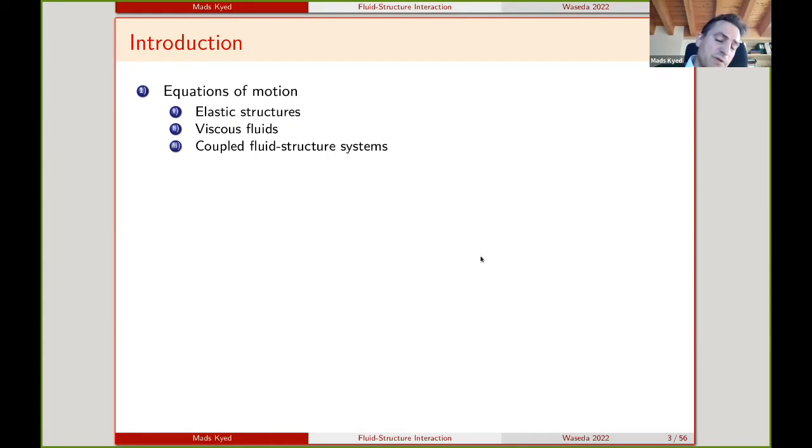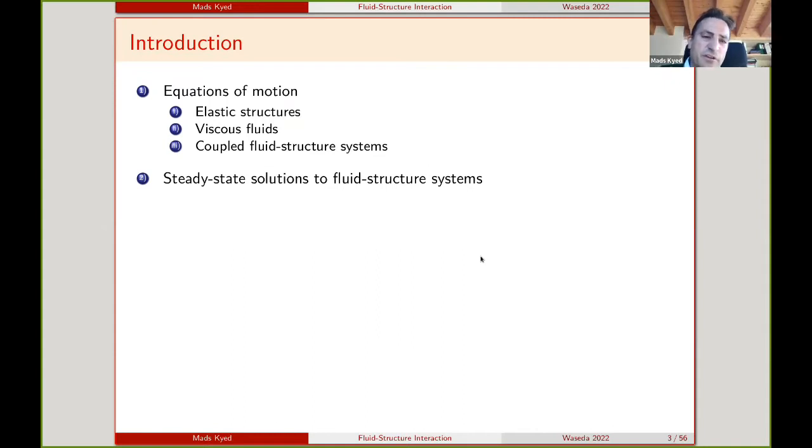So I'm going to talk about a lot of physical principles that are used to derive these equations of motion. Okay, so in my talk today, there will be a lot of physics, continuum mechanics.